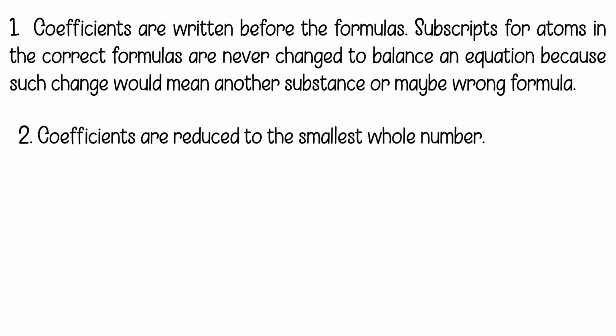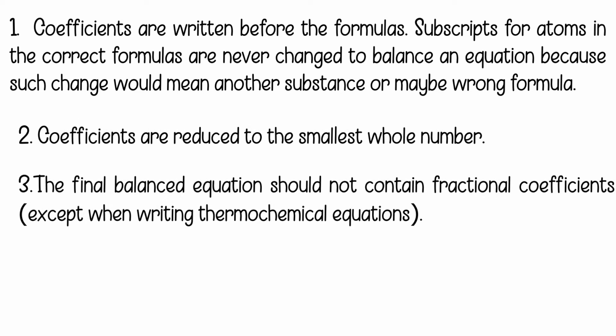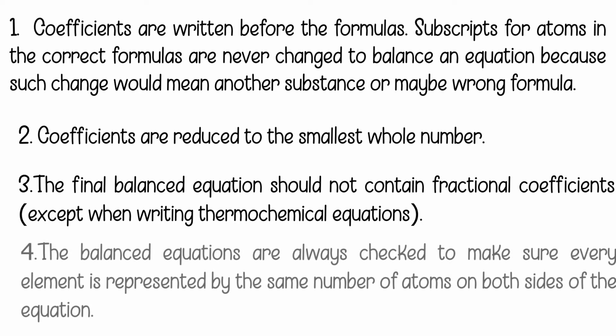Coefficients are reduced to the smallest whole number. Number 3. The final balanced equation should not contain fractional coefficients except when writing thermochemical equations. And number 4. The balanced equations are always checked to make sure every element is represented by the same number of atoms on both sides of the equation.